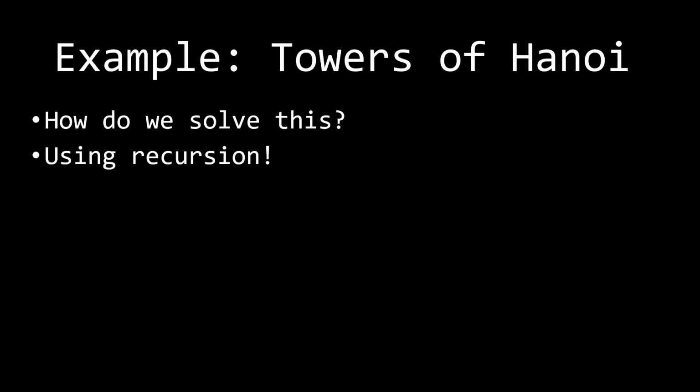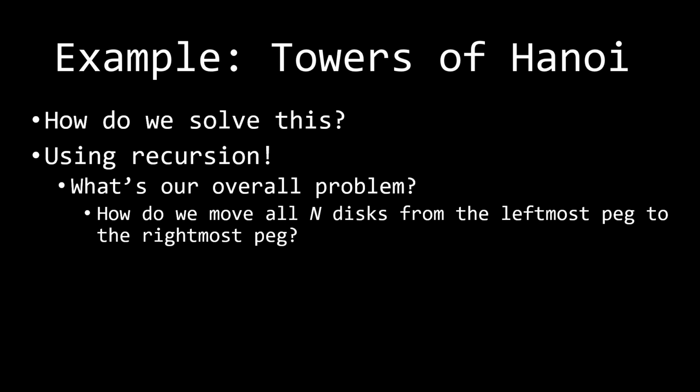There are a few steps that you're going to need when you're solving a recursive problem. The first is, what's our overall problem? What is the overall question and what is it asking us to do? In this case, the overall question is, how do we move all n disks from the leftmost peg to the rightmost peg? How do we move all 3 disks from the left all the way to the right?